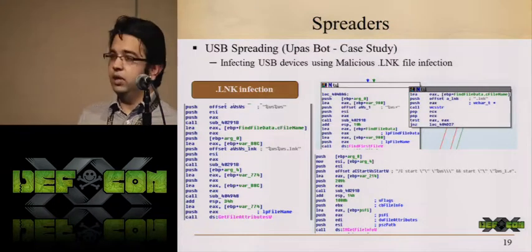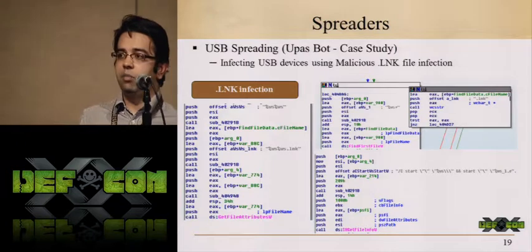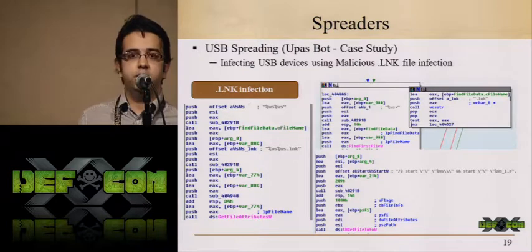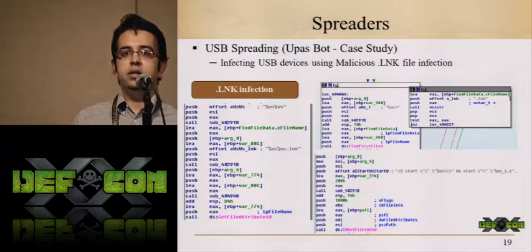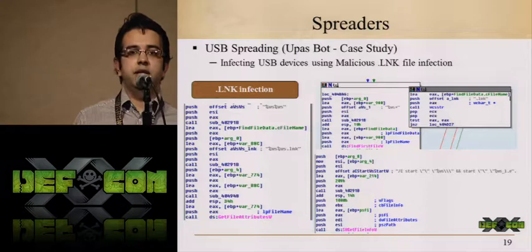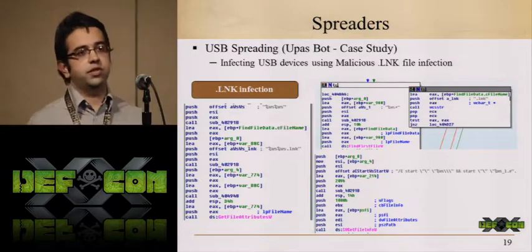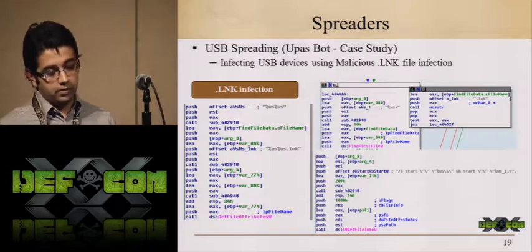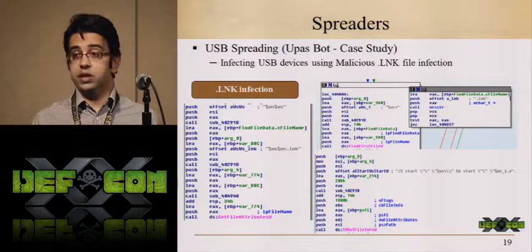It simply places the link in there, along with the bot. Whenever the USB is inserted into another system, it checks for the autorun file as well as the malicious link file, and then triggers the exe file on the system, spreading the bot from system to system. This technique works pretty well, and it has been one of the core techniques of the UPass bot.